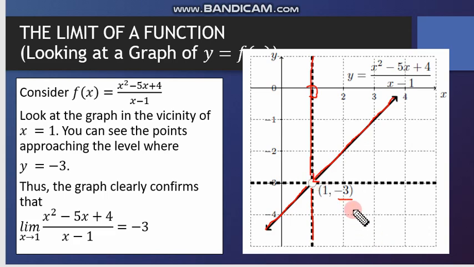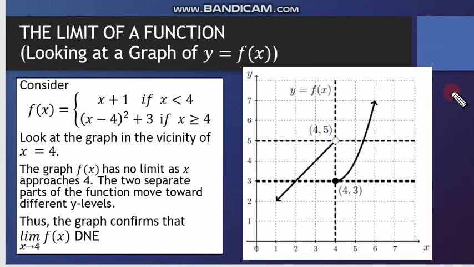It also approaches the value of y is equal to negative 3. Therefore, the limit of x squared minus 5x plus 4 all over x minus 1 as x approaches 1 is equal to negative 3, regardless of whether this particular point at x is equal to 1 is undefined or existing. Okay?